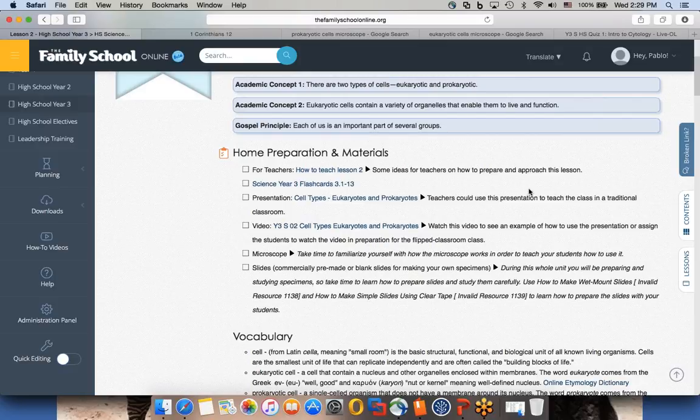Scientific knowledge really grows line upon line, precept upon precept. That is one of the gospel principles, and that is also how scientific knowledge occurs. Scientific knowledge and all forms of knowledge are accelerated when we cooperate, when we work together.